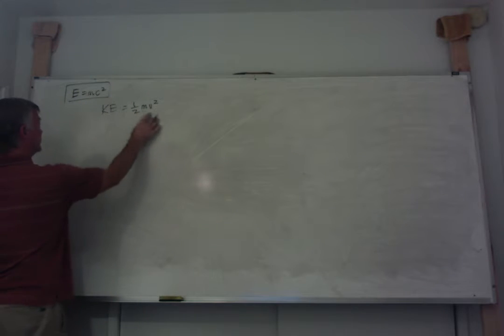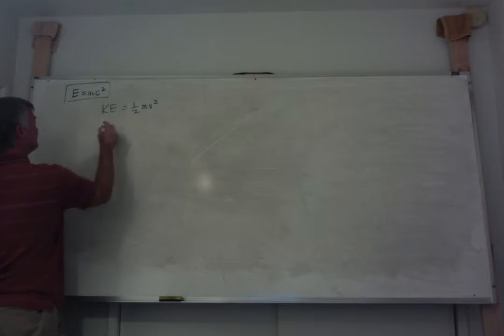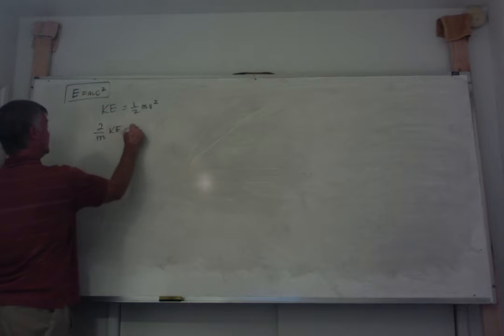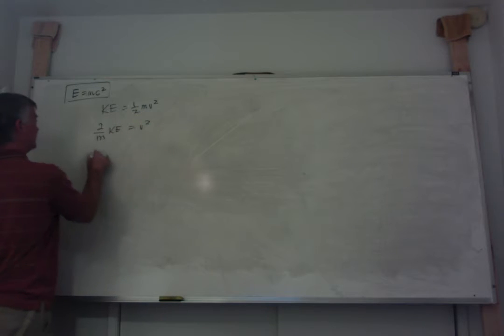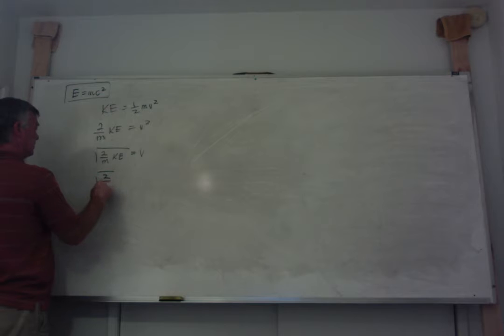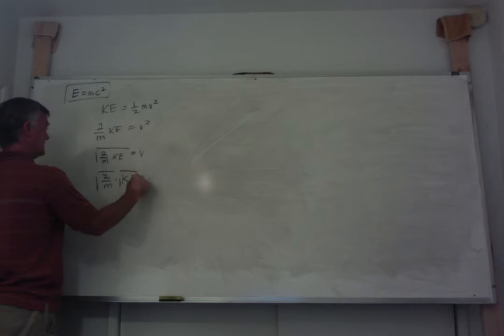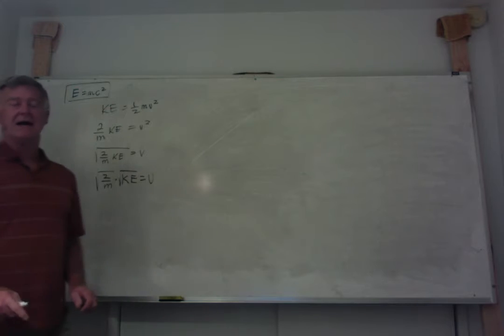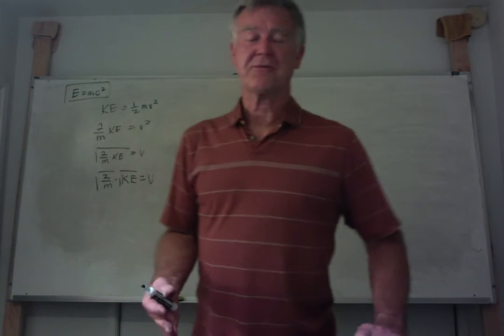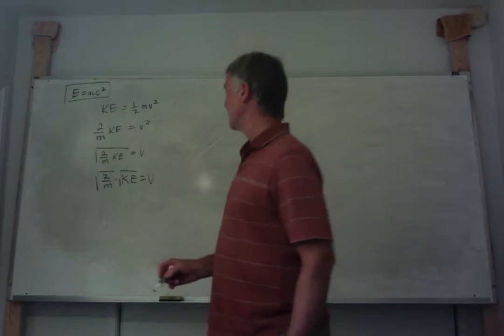Now, I'm going to do something here. I want to solve this for V. If I move this over, this would be 2 over m KE is equal to V squared, or taking the square root of both sides, and then I'm going to separate this out: the square root of 2 over m times the square root of KE is equal to V. Now, I wish I didn't have to do this math, but you're just going to have to do your best to follow it.